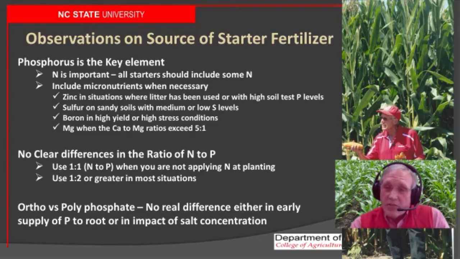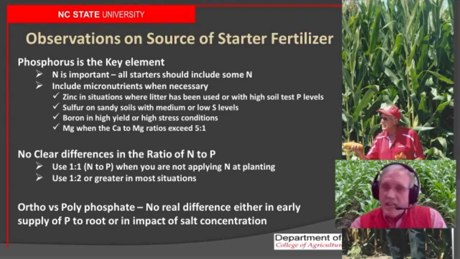No clear differences in the ratio of nitrogen to phosphorus. In my opinion, when you're not applying at planting and you've got lots of phosphorus already in the soil, you can use a 1-to-1 N to P ratio. In most situations, however, a 1-to-2, I think, is a pretty good fit for North Carolina.